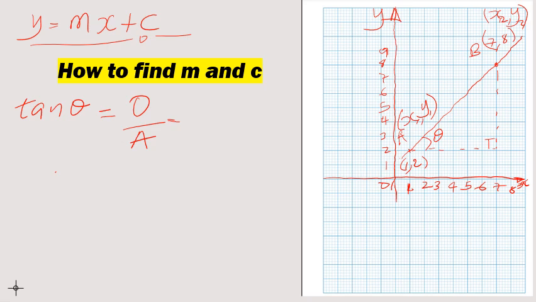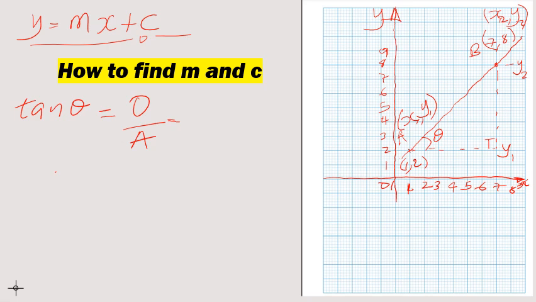So this one will be equal to opposite. Now opposite, this one will be y1 because it's here, it's 2, and y1 we know that it's 2. Okay, then there it's y2.